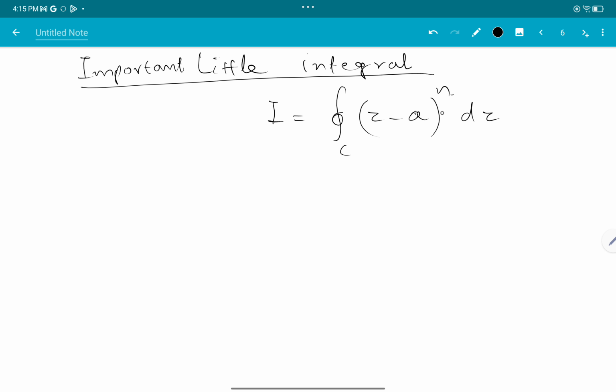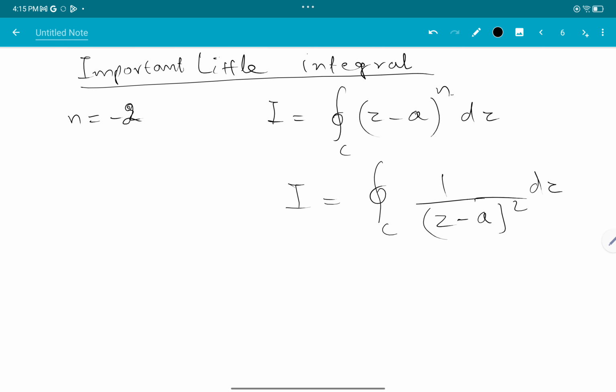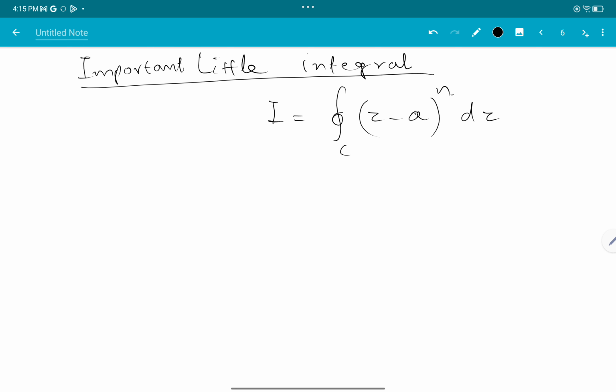This integral is very common for negative n. For example, if n is equal to -2, then this integral will be of this form, the integral over C of 1 by (z minus a) raised to 2, dz. Integrals of this type we will be encountering, and let's see if we can integrate it.